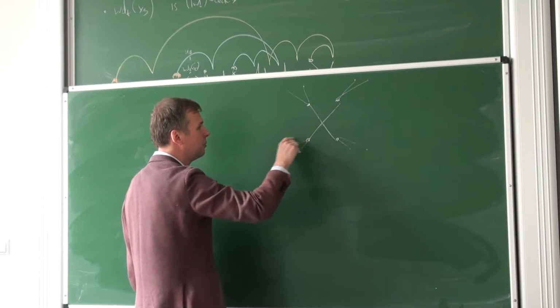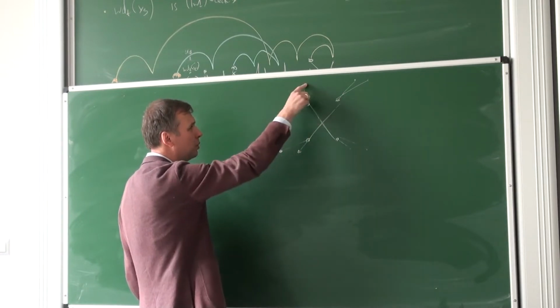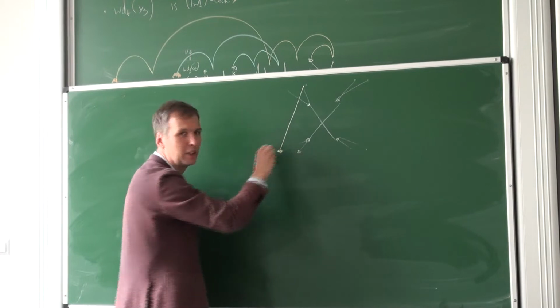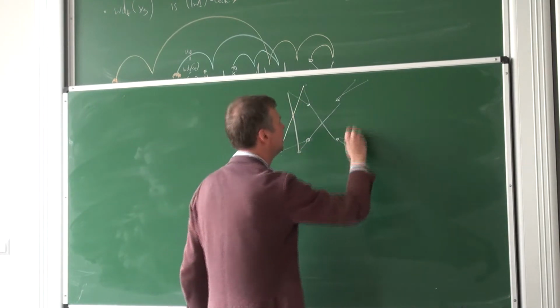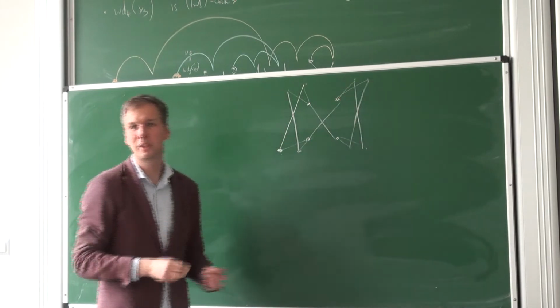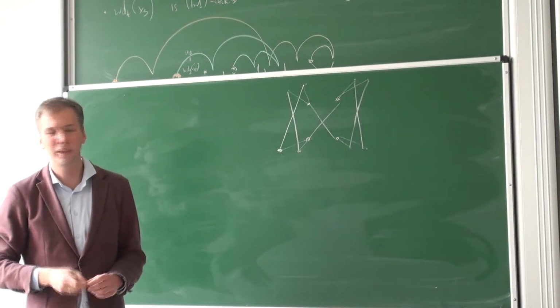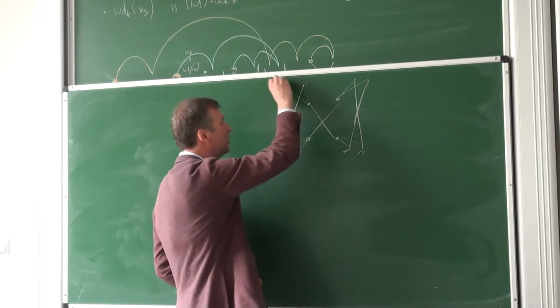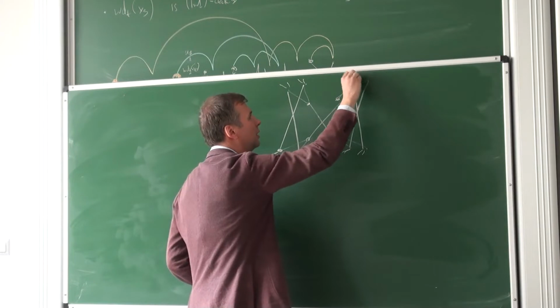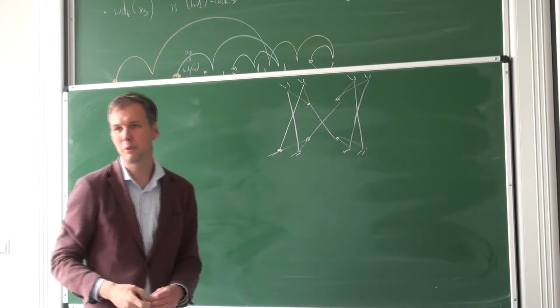At the moment it is incomparable with both of these, but I want to add the comparability here, and this I want to add here. This here, this here. I complete S4 this way. And then the next step is that for each here, I extend it. And that will be P8.